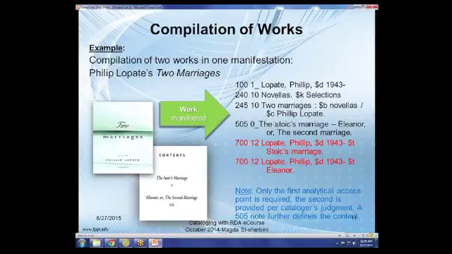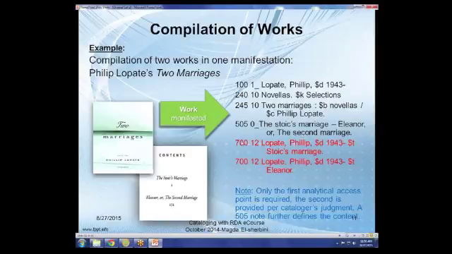So that is a work level relationship, whereas the Two Marriages is really a manifestation level relationship. So we have here 505 containing the titles of the individual novellas.